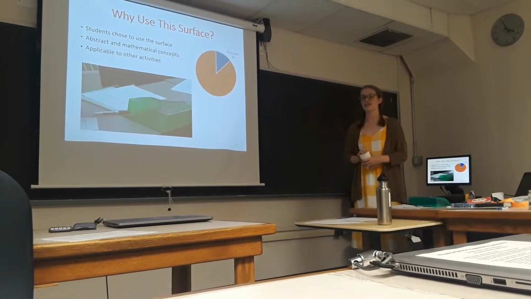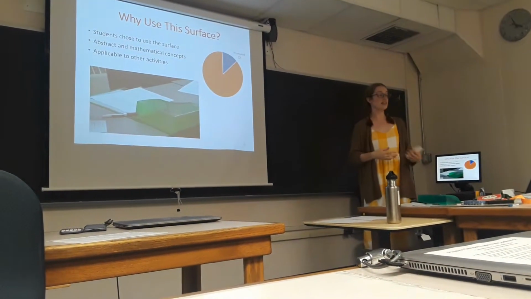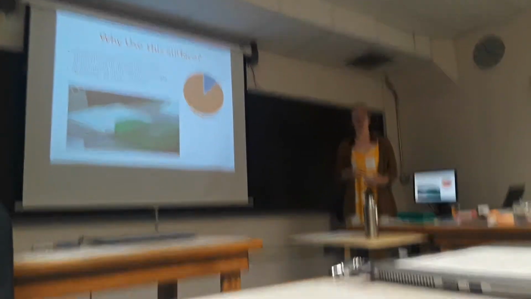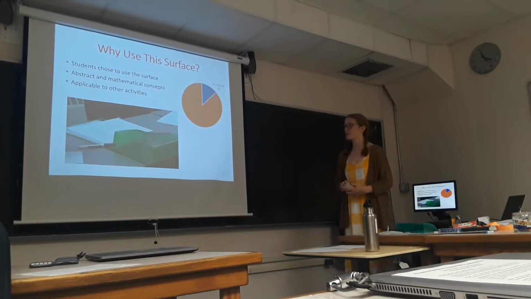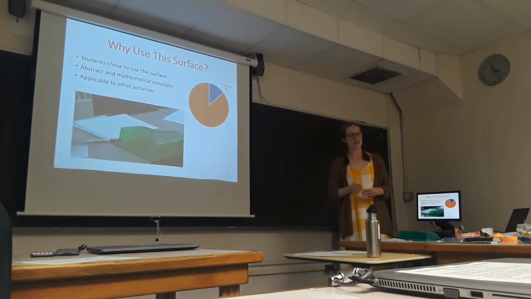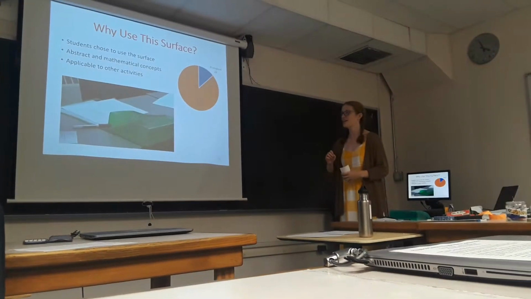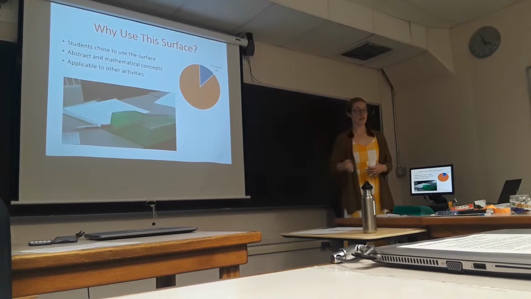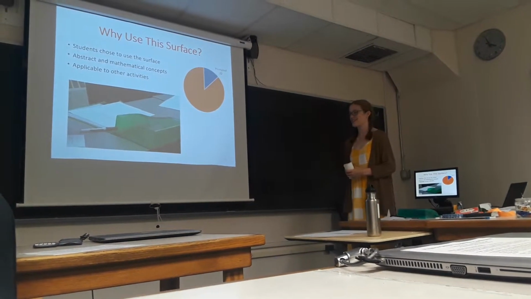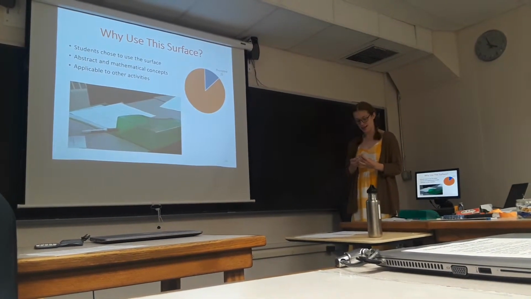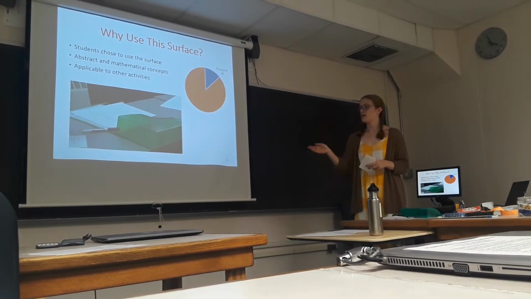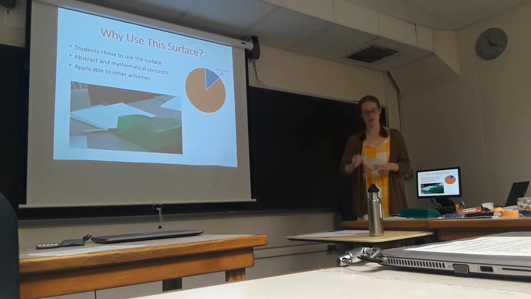This shows that students decided the surface was the best way and easiest way to communicate their findings, their reasonings, and their difficulties with the other students in their group. Another thing, as I also mentioned before, is this helps them look at abstract and mathematical concepts like the derivative, the slope, the rate of change, and also looking at functional behavior and comparing abstract things on the surface.